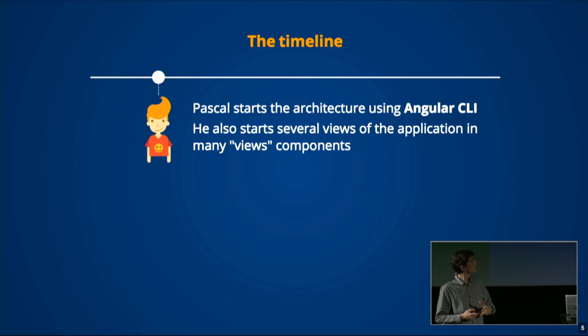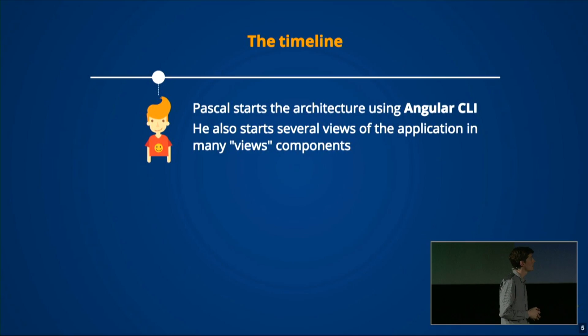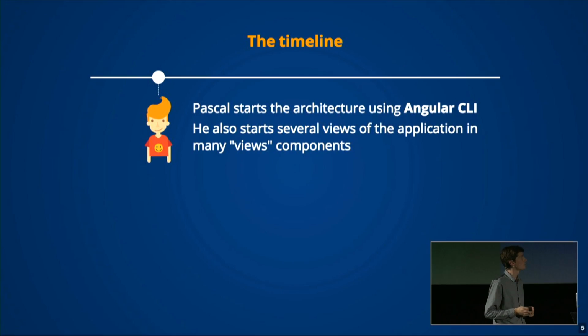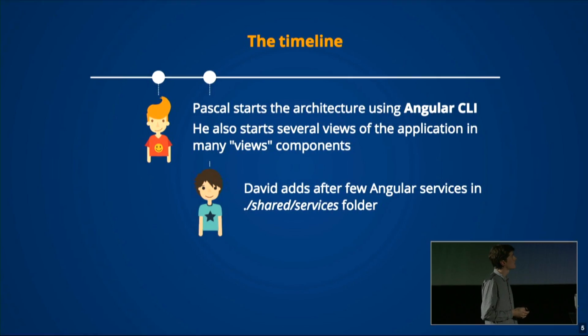The first timeline is Pascal, who starts the architecture using Angular CLI, and also starts several views of the application in many view components. After that, David adds a few Angular services in a shared services folder.